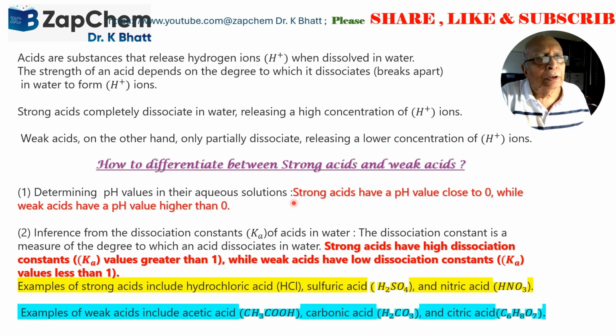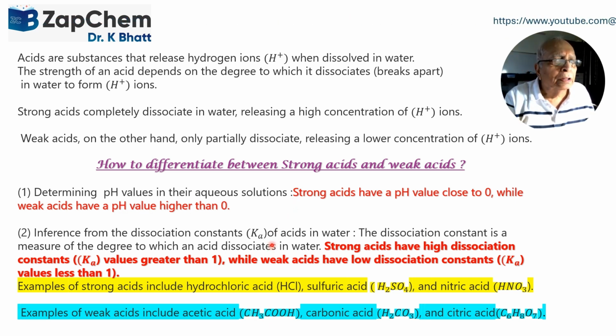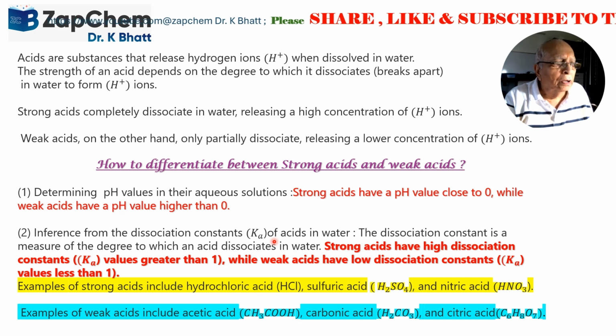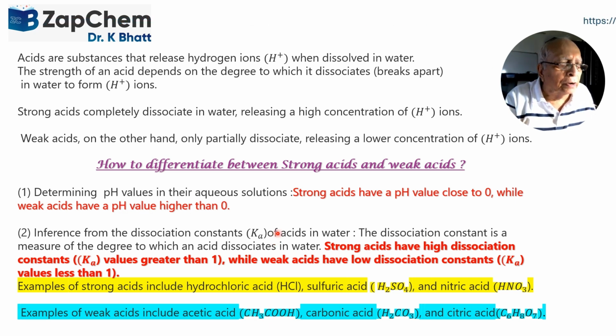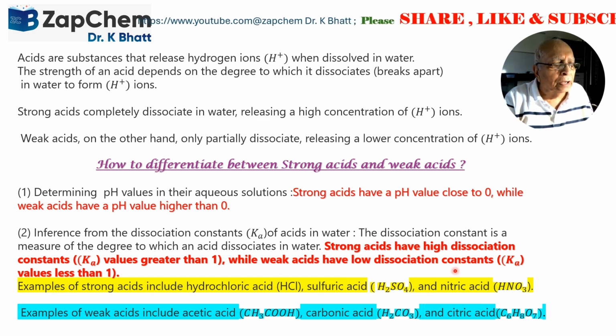And there is another method for determining the strength of the acid in aqueous solution, that is by way of determining the Ka value, that is dissociation constant. Higher the dissociation constant, stronger is the acid. Lesser the dissociation constant, weaker is the acid.